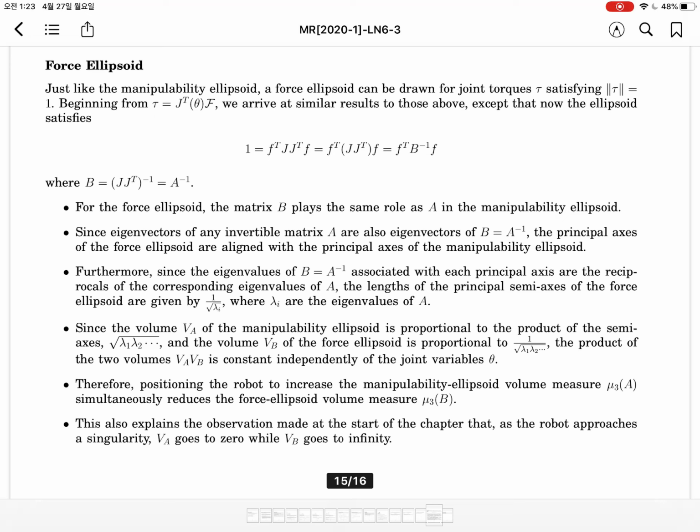Compared to the manipulability ellipsoid, the force ellipsoid is obtained as an orthogonal map. The unit torque contour, tau transpose tau, will be used to denote the force ellipsoid.